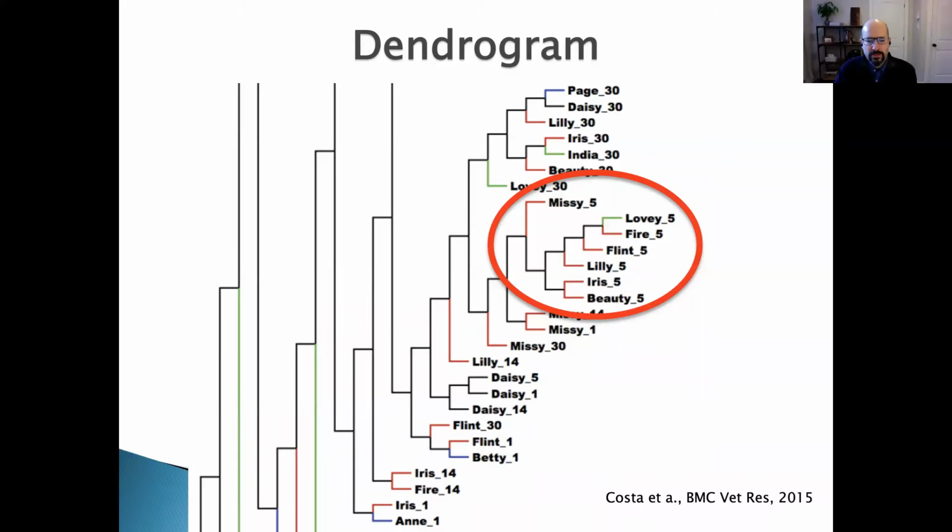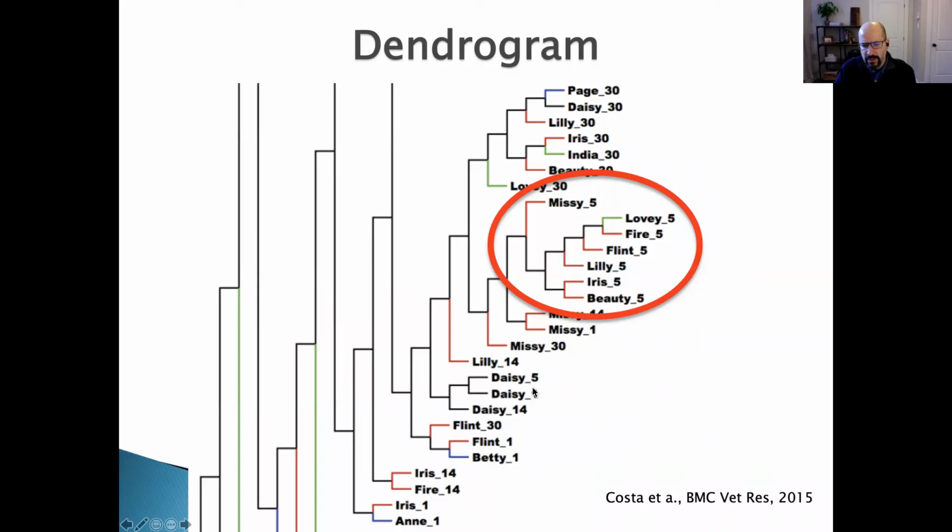I was just going to say that this study is quite interesting because if you search for the controls, and we didn't have many controls, for example, I think Daisy was a control. You can see here that her microbiota didn't change after 5 days.